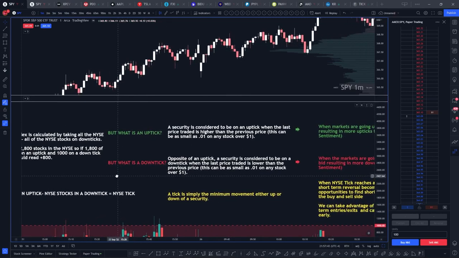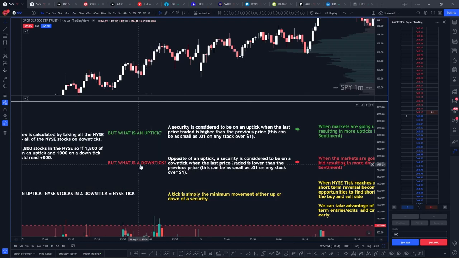So an uptick is any price movement that's pushing up a cent or more on a stock that's over $1. So it could be $100, it could be 1 cent, but any movement that's pushing higher is going to be considered an uptick.